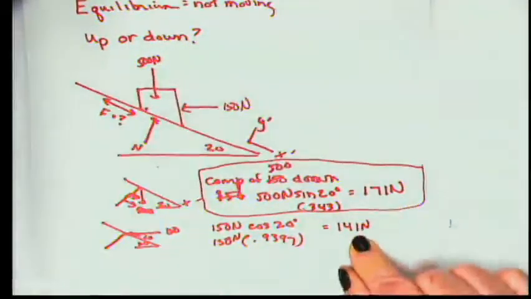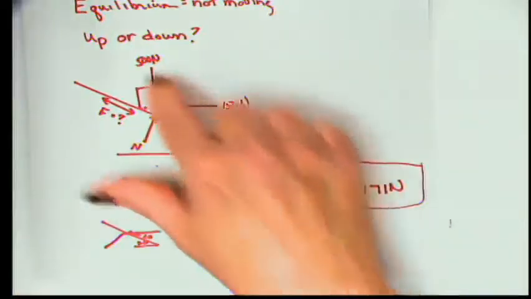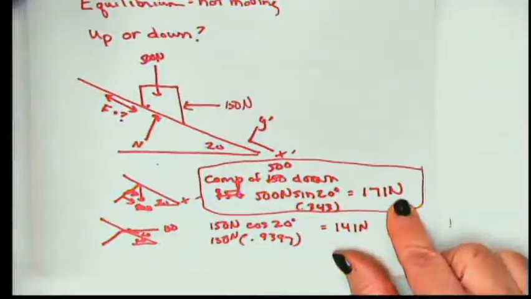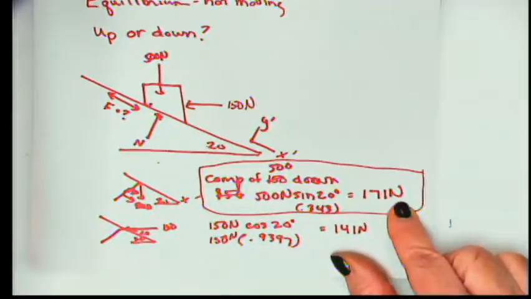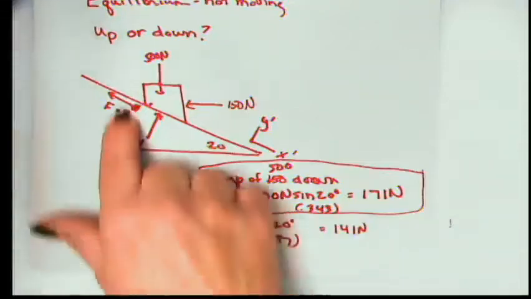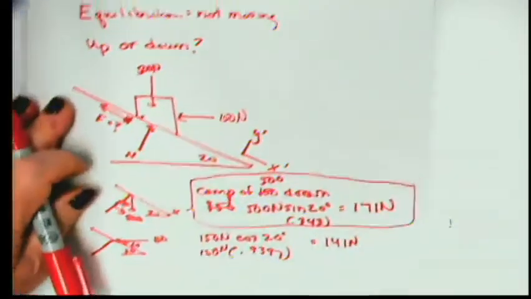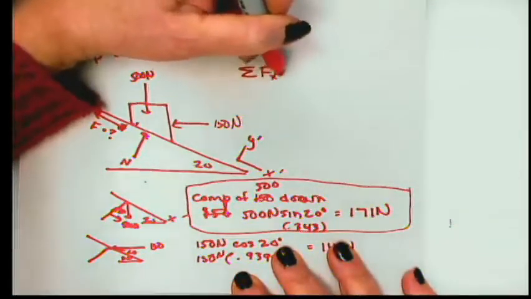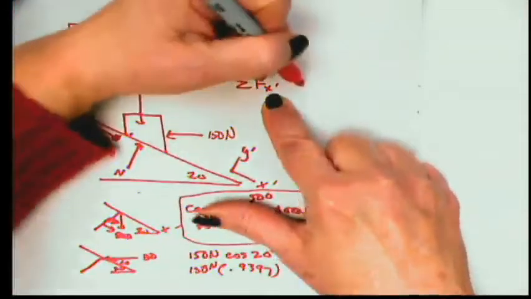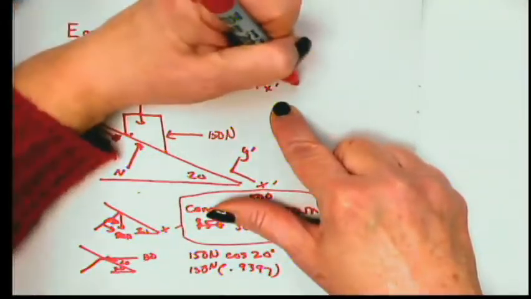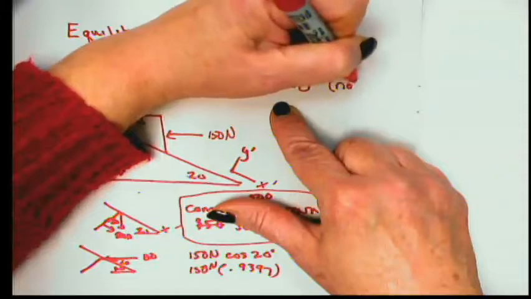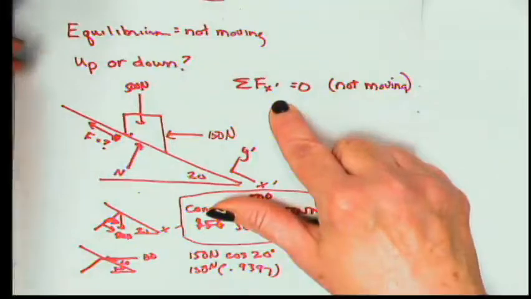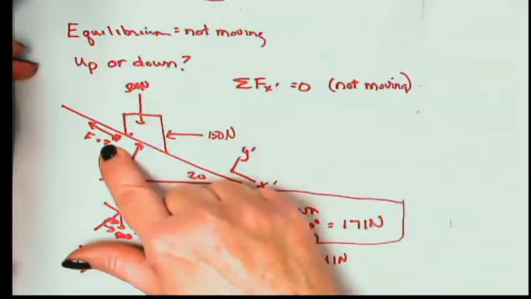All right, so what that means is this is the force that wins. This is larger in value than this, so that means that just based on these two forces, the tendency is going to be for the package or the block to slide down the plane. That means that friction will oppose it going up the plane. All right, so now let's do summation of forces along the plane, which I've called the x prime direction, will be equal to 0 if it's not moving. So what we're really talking about is what is the maximum force of friction.